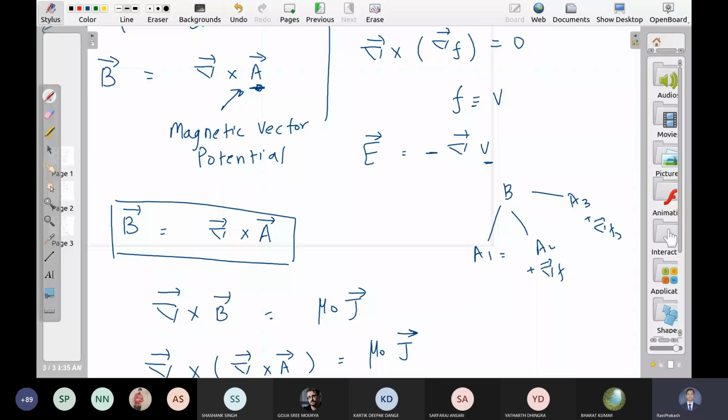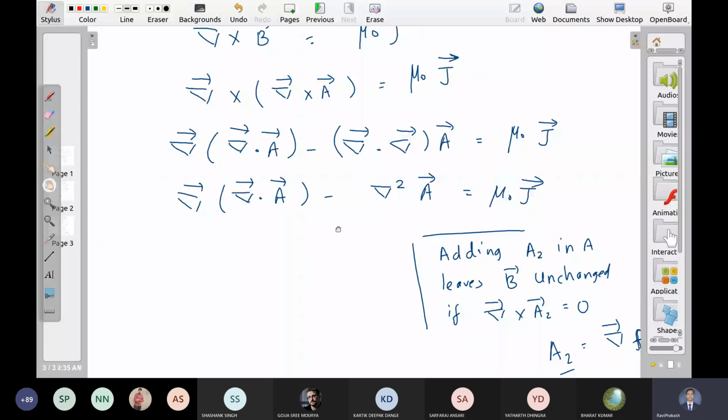Now using that much flexibility, what I am going to do, I am going to choose my A in such a way that del dot A becomes 0. There are many A's. For some of them del dot A will be 0 as well.